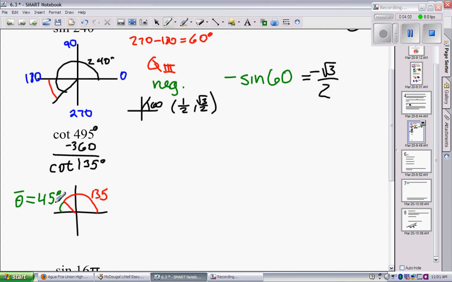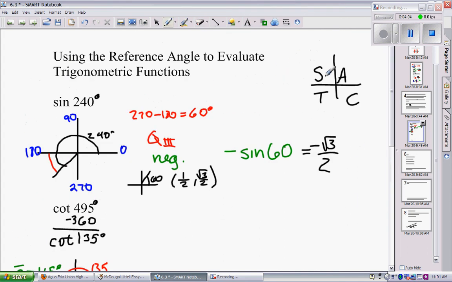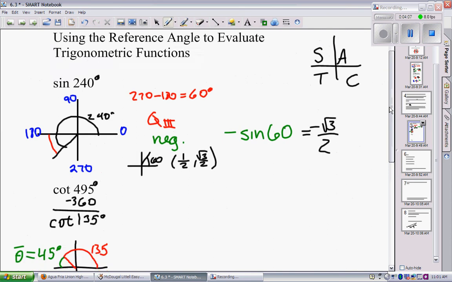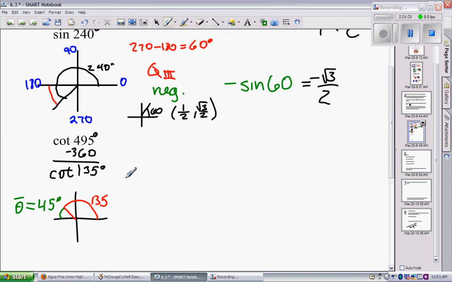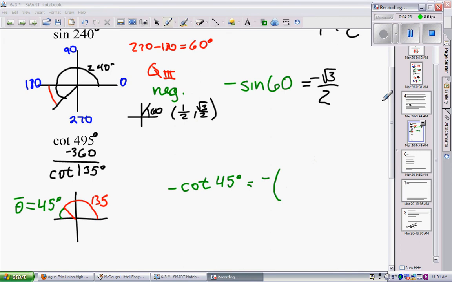Cotangent, you're in quadrant 2. In quadrant 2, only sine and cosine are positive, so we want the negative value. So we want the negative cosine over sine, because it's cotangent.